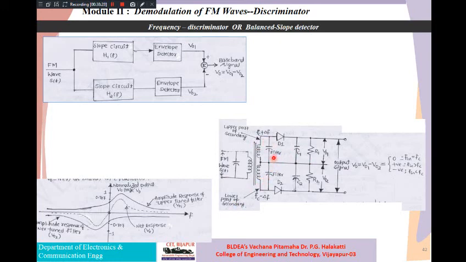Let us see how they have been tuned. The upper part of the secondary with this capacitance has been tuned above the carrier frequency Fc by an amount of delta f, and the lower part of the secondary is tuned to a frequency a little bit lower than the carrier frequency by an amount of delta f.